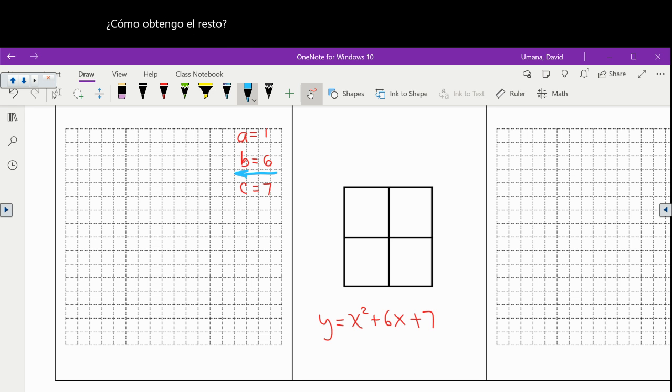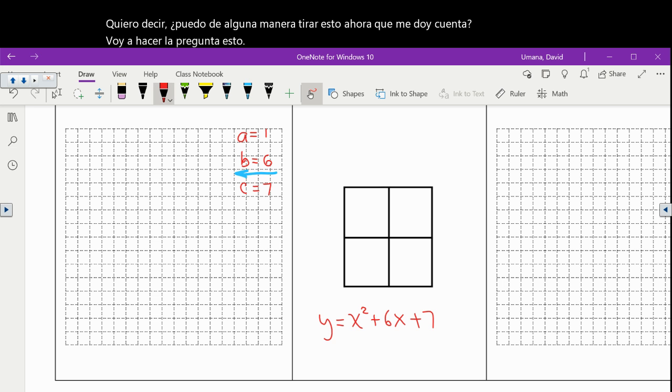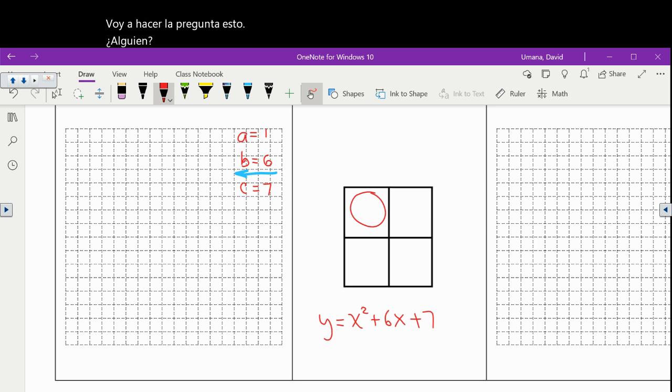I mean, can I somehow throw this out ahead of time, now that I know this? I'll ask the question like this. Does anybody know what goes in here? X squared.